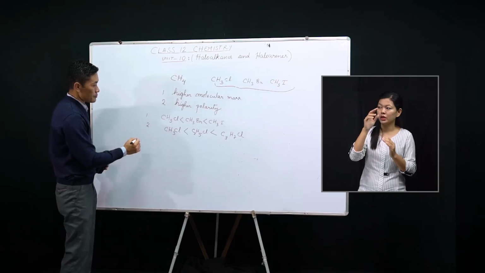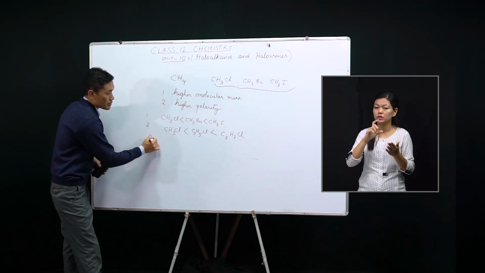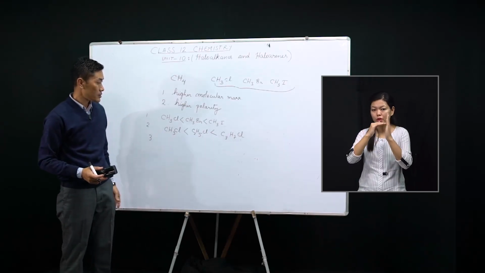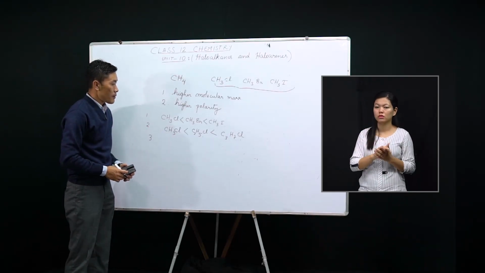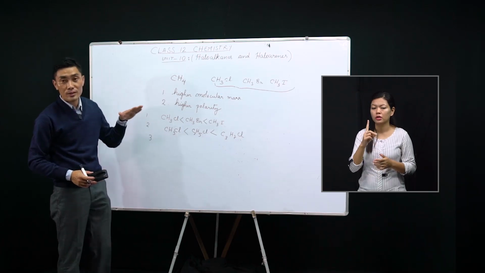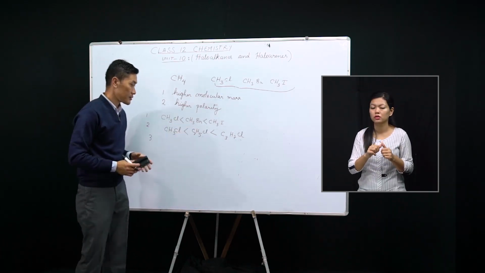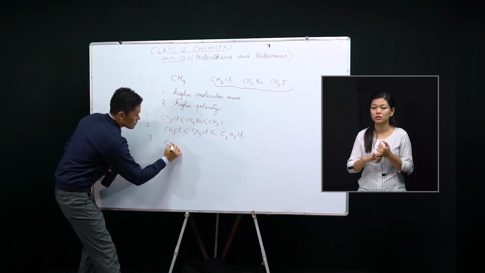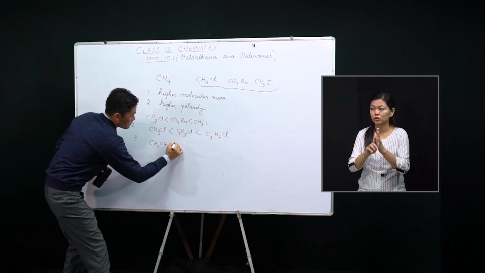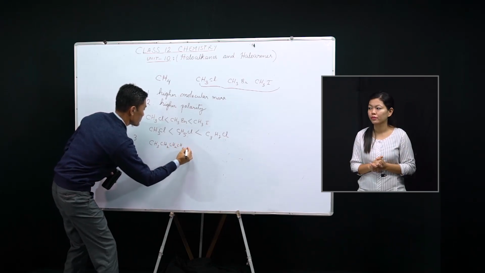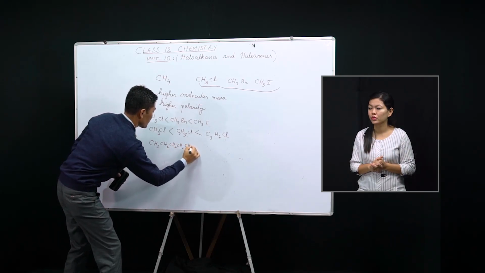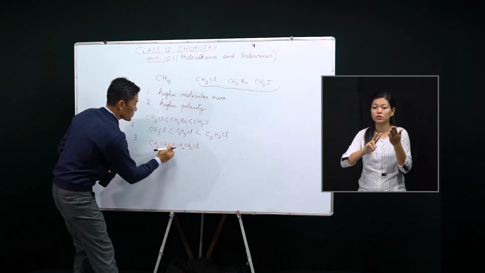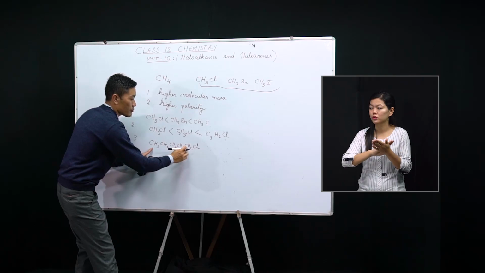The third point to note is that if we have isomeric haloalkanes, then the boiling point will decrease with increase in branching. Let us see one example here. Here we have 1, 2, 3, 4, 5 carbon atoms.